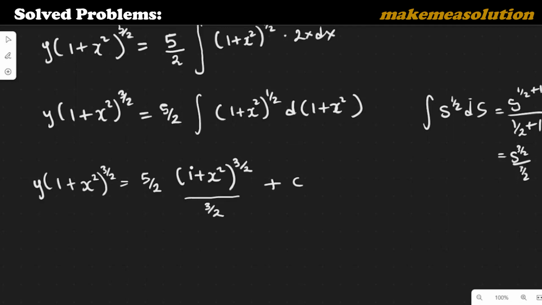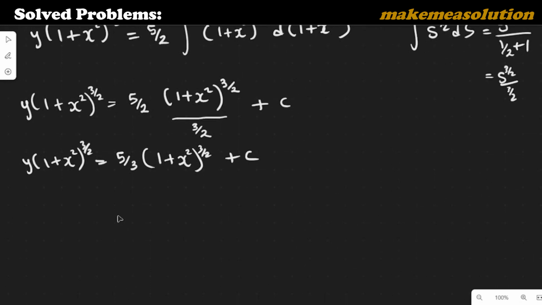Are we together? So y into 1 plus x squared raised to the power of 3 over 2 is equal to, so 5 over 2 divided by 3 over 2 is actually going to give you 5 over 3, right? 1 plus x squared raised to the power of 3 over 2 plus c.